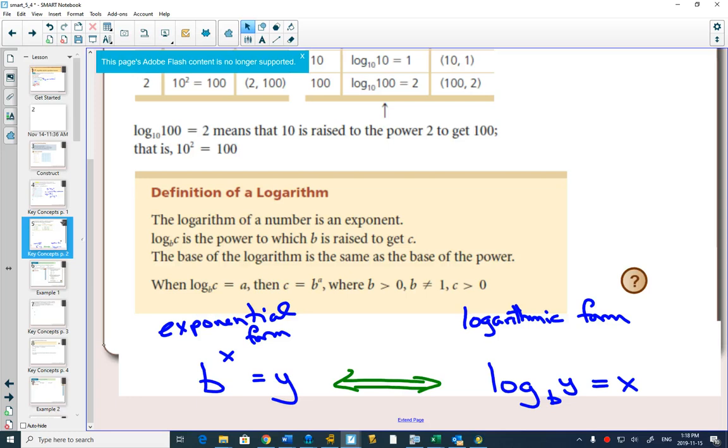So what we have, and I've sort of explained it further underneath, is you have an exponential form of an equation which has a base and exponent is equal to y. This form can be changed and written in log form.